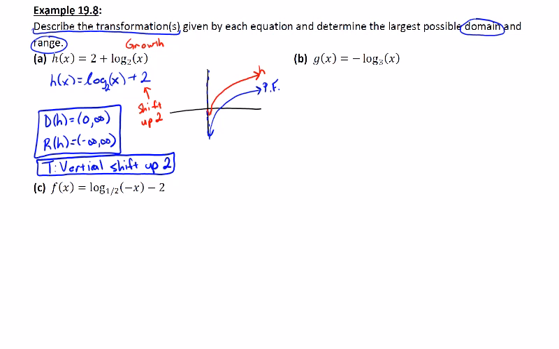So again, I want to think about what transformation is being applied to what type of logarithm. This is log base 3, which is going to also be an example of growth. So I should be able to get away with using the same parent function picture that I did for part A. But now I need to recognize what's going to be happening with the -1 multiplier.